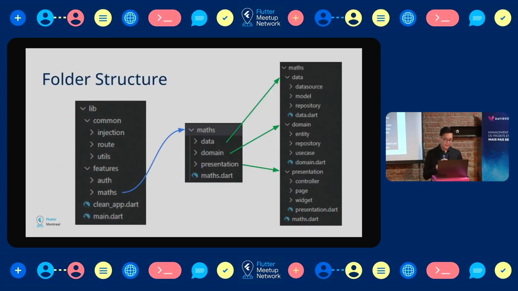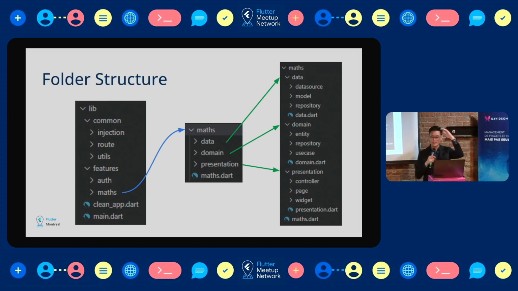So the folder structure: you have your lib folder, and the common folder can be dependency injection, routing, colors, utils, extensions, and every feature will be listed here. So it's easier to find what you're looking for, the cart, purchase, checkout, or sign-in authentication.